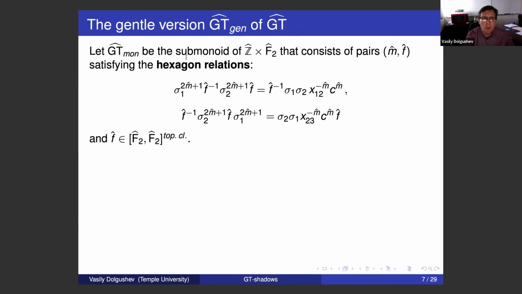GT mon is the submonoid of Z hat cross F2 hat that consists of pairs satisfying the hexagon relations. These are relations in B3 hat, the profinite completion of B3. And there is another condition: F2 belongs to the topological closure of the commutator subgroup.